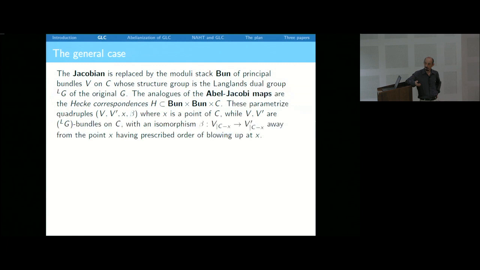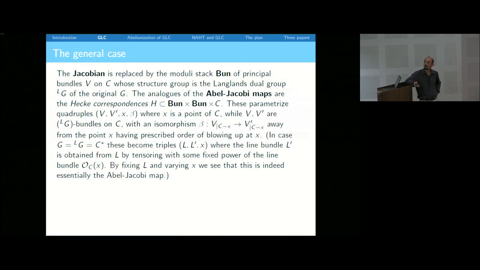And in this case, the subvariety parameterizes triples V, V prime, and X, where V and V prime are isomorphic away from X. If you want to be a little more careful, you should include the isomorphism beta as part of the data. So you can talk about quadruples V, V prime, X, beta, where beta is a choice of isomorphism away from the point. And if you want to get a finite dimensional object, you need to specify the order of growth of beta, which we will do in a minute.